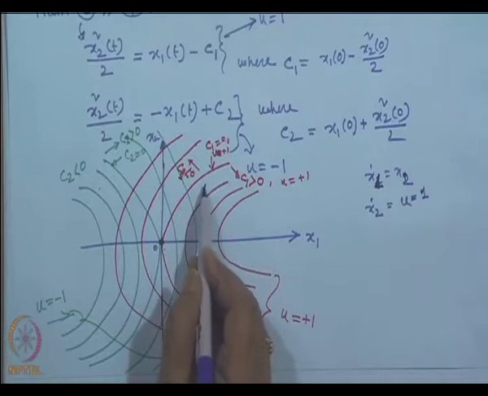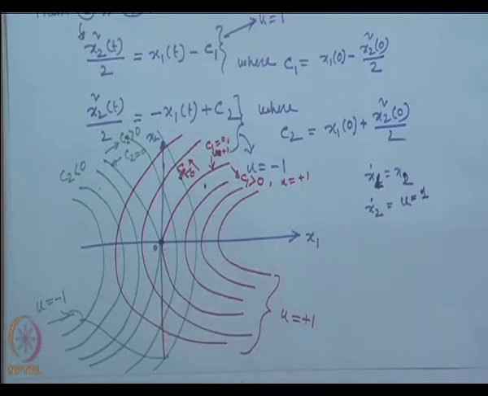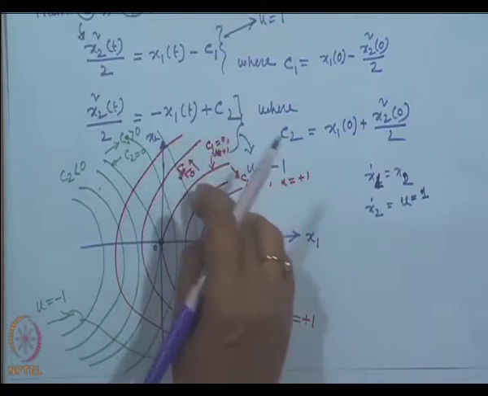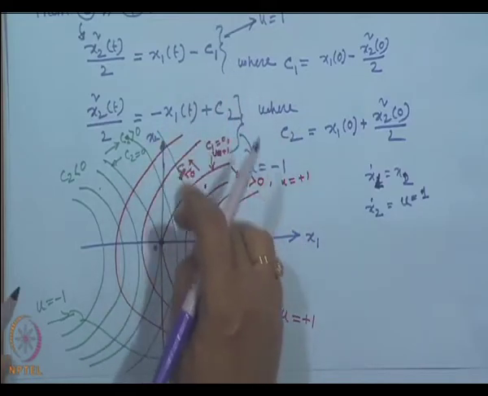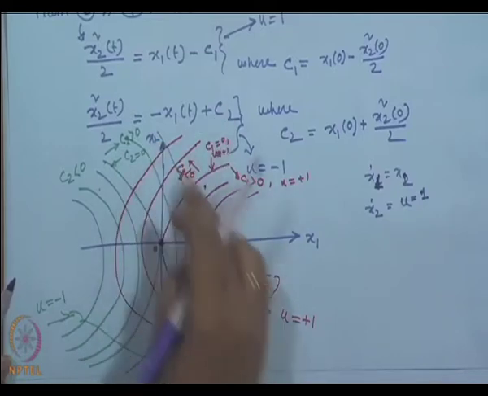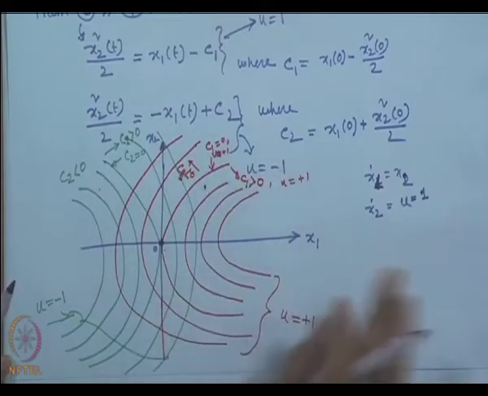So, this point can lie on either the green parabolas or the red parabolas.